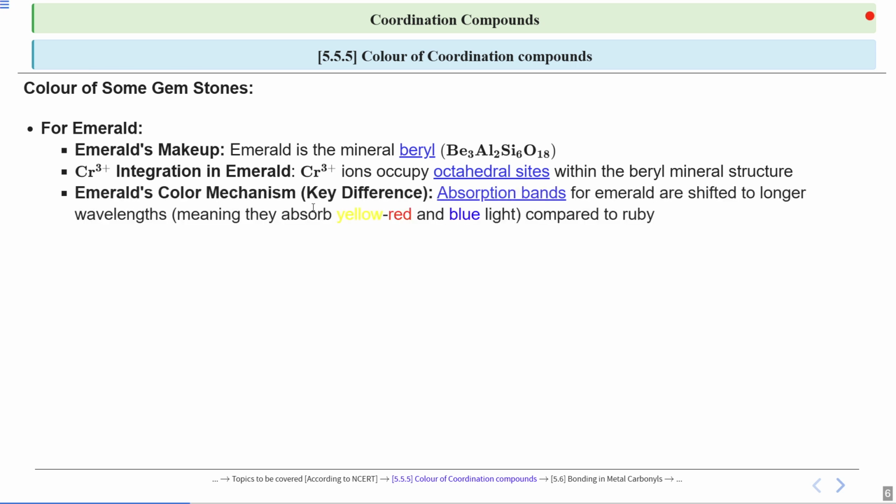Emerald's color mechanism, which is a key difference. The absorption bands for emerald are shifted to longer wavelengths.